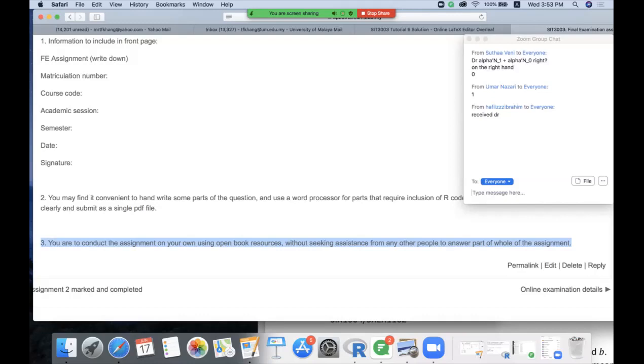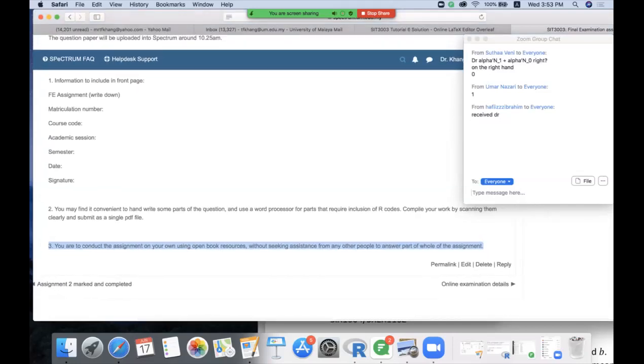You have to complete the assignment on your own, and you can use all the open book resources available on the internet, and even all the scripts in Spectrum. That means you have to study a bit for this, and not ask your friend, hey, how do you do this? How do you do that? If your friends ask you things like that, you just decline, okay?